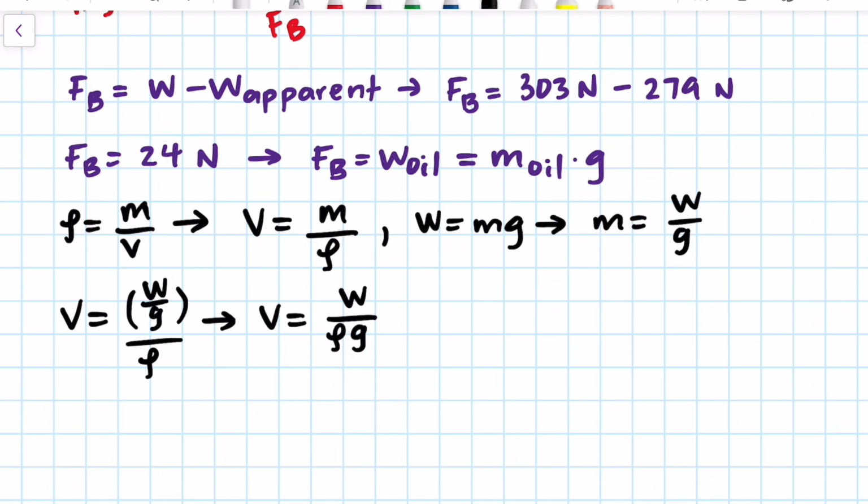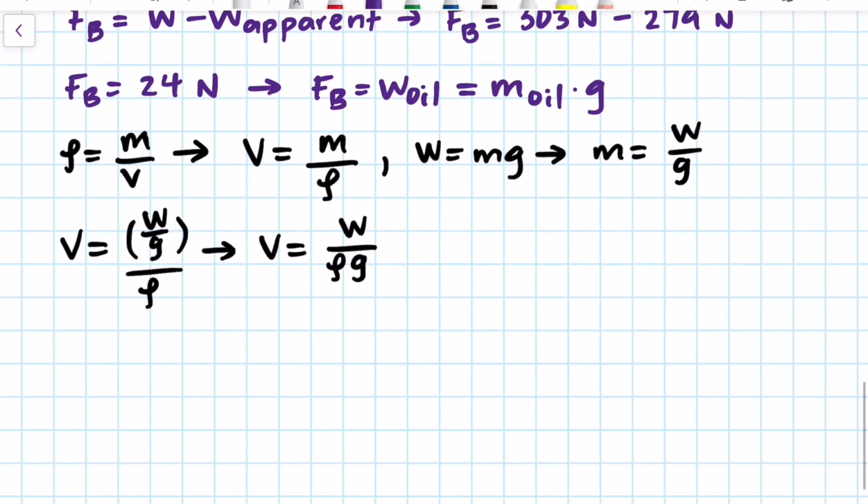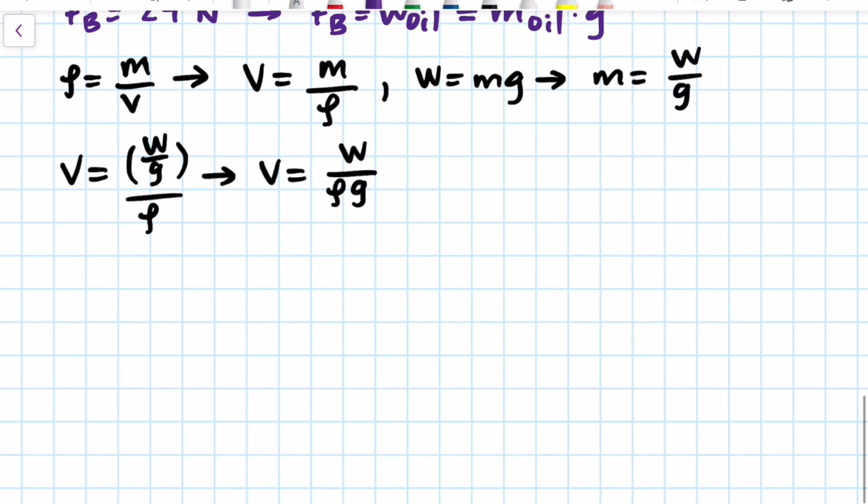Now let's think about the mass of the oil. Why would we want the mass of the oil? Well, because the density of the oil, which is what we're looking for, is equal to the mass of the oil divided by the volume, in this case the volume that was displaced. Okay?